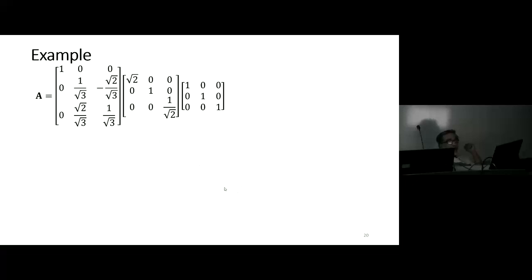Here's an example of singular value decomposition. This is x, and I have to choose alpha 2 and alpha 3 such that x remains a unit vector. Alpha 1 is given to me. So I want to minimize Ax subject to x being a unit vector, and alpha 1 is already known. So we have to find alpha 2 and alpha 3.